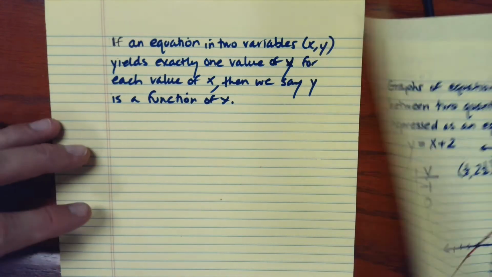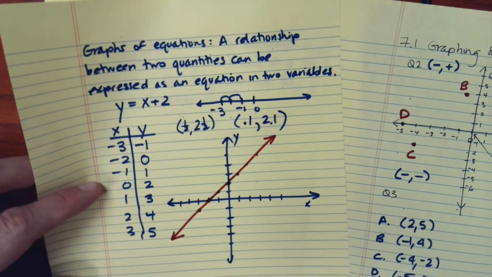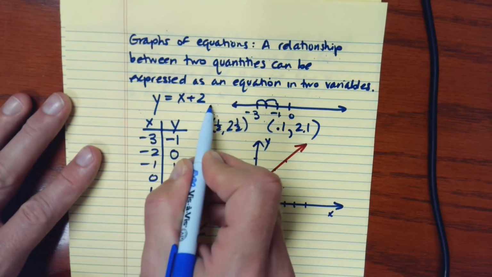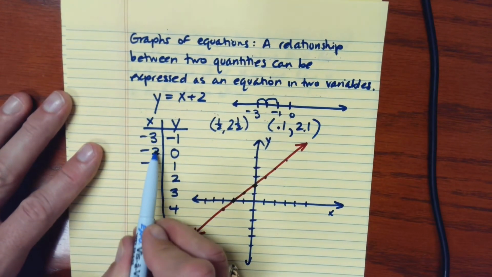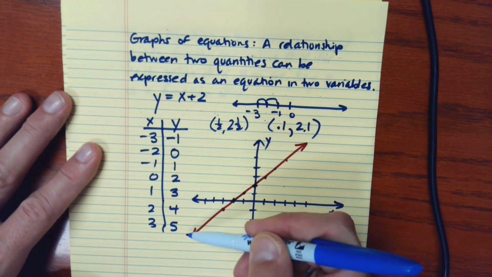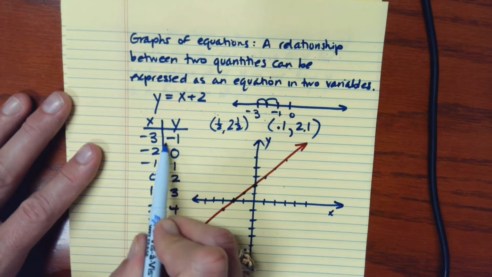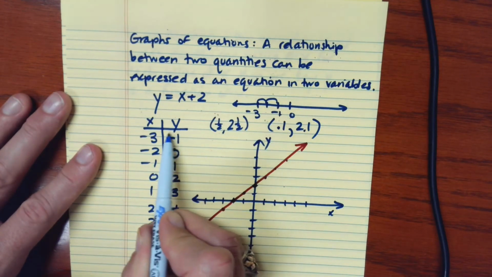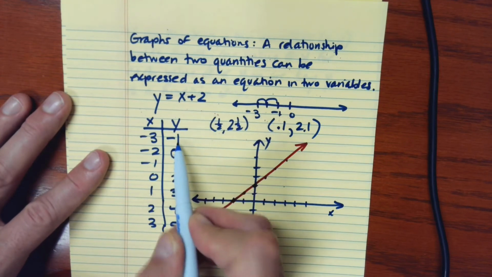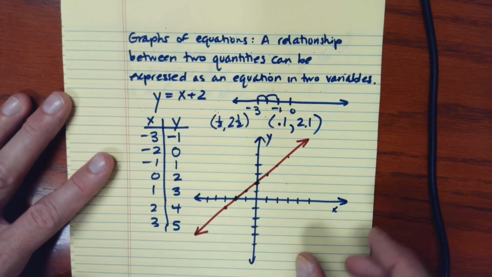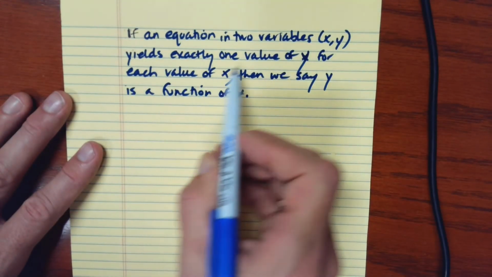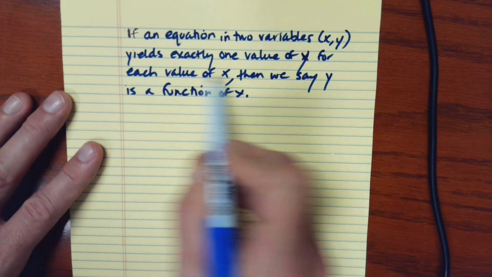In the last example, where I had the equation y equals x plus 2, for any value of x I picked, there was exactly one value of y that corresponded. I didn't have to decide between two values when I filled in this table. I knew for sure that negative 3 plus 2 only equals negative 1. That's what we mean when we say there's exactly one value of y for each value of x.